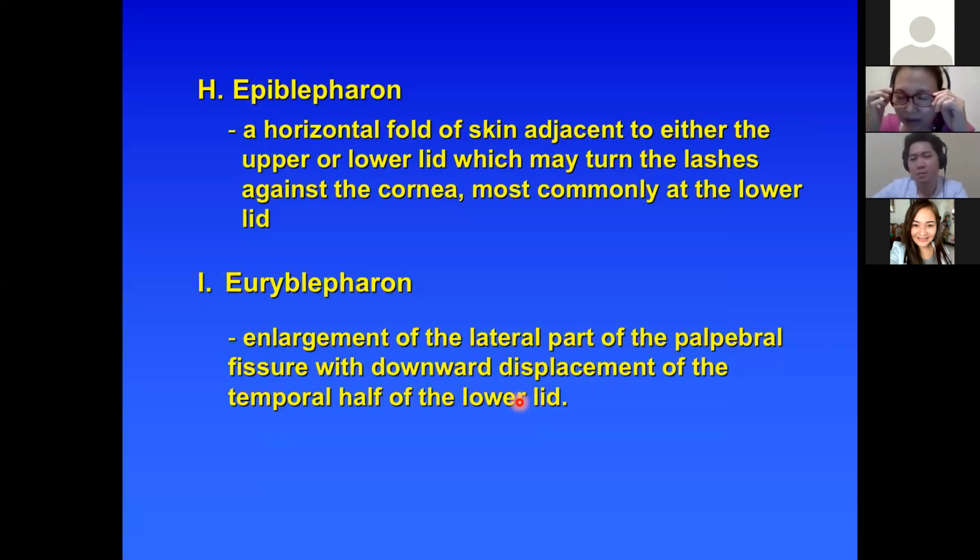Their lid margin has another fold there. In children less than 3 years old, there is another fold of skin here, lalo na pag mga flat pa ang mga ilong. If their nose bridge is still flat, there's another fold of skin there. Parang the lid margin is exposed.